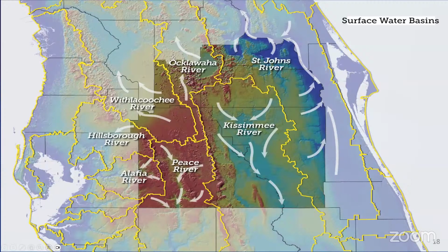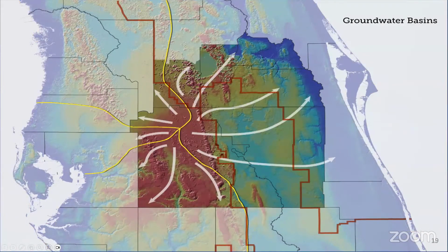And the next graphic, this is the graphic that shows the groundwater basins. And basically, this is the upper Florida aquifer. And what you could see comparing this slide to the previous slide is that the groundwater flow has very little to do in the upper Florida aquifer compared to how surface water flows. They're separated.